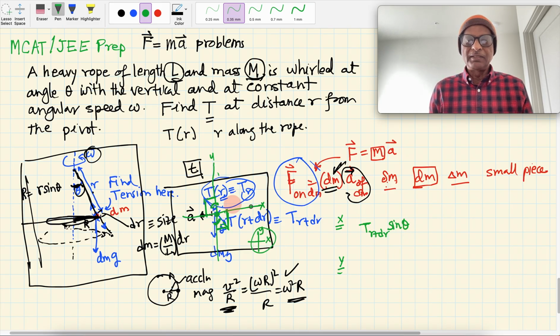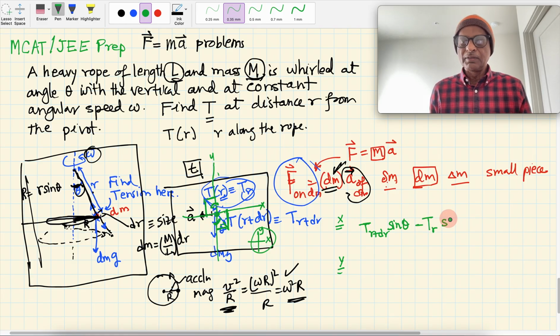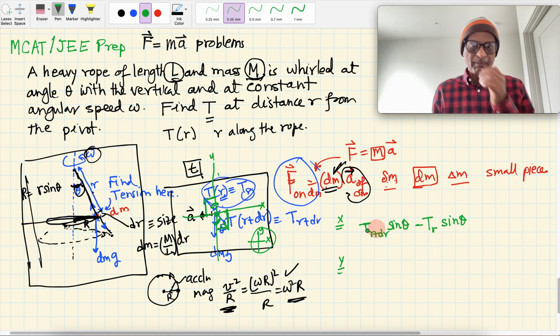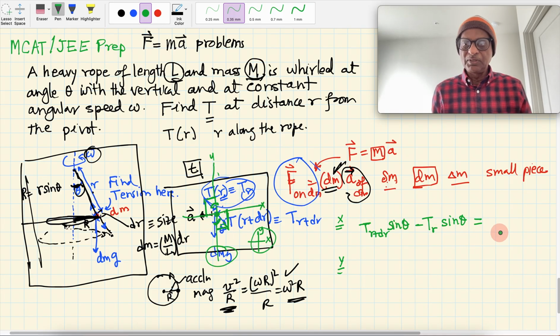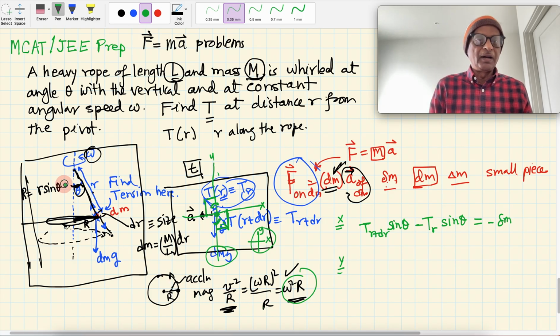and the other one will be minus T at r sine theta, and it's going to be equal to, this one doesn't play any role in the x-axis, and this is going to be delta m times omega squared R. R is this.